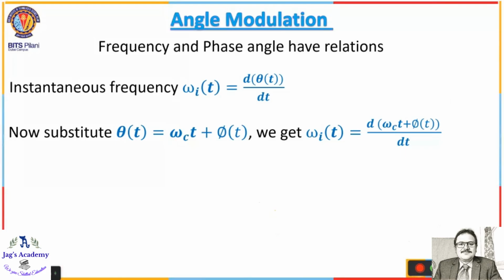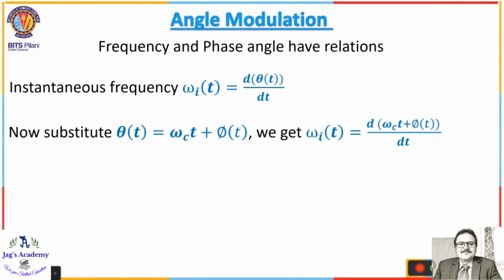Omega ct is constant, right? Phi of t is the one which varies, right? Omega c is constant. Now, after differentiating this, can you tell me what you will get? It is d by dt of omega ct plus d by dt of phi of t, yes or no? Right. So what is d by dt of omega ct? Omega c. Omega c is constant, correct? Omega ct is there, no differentiation.